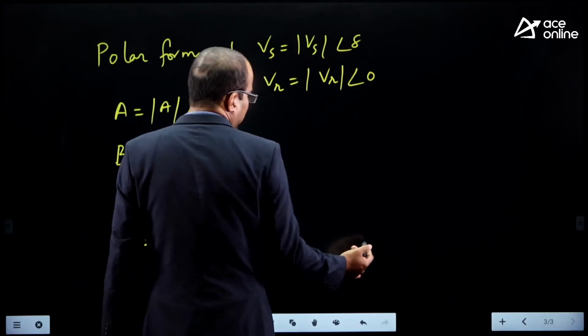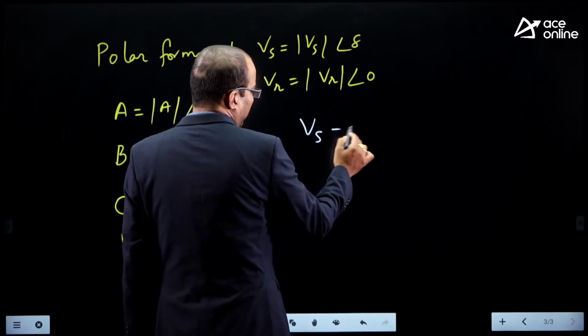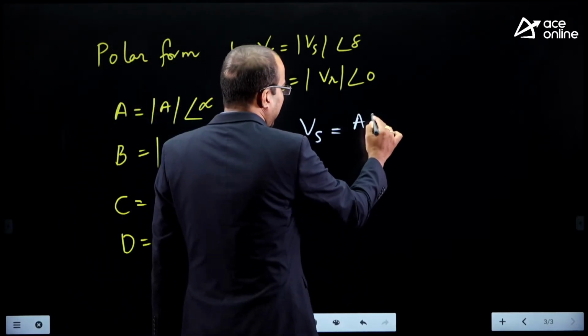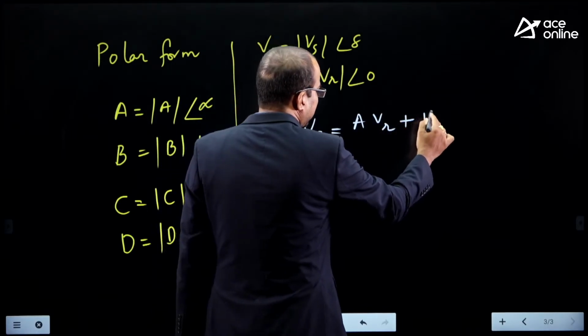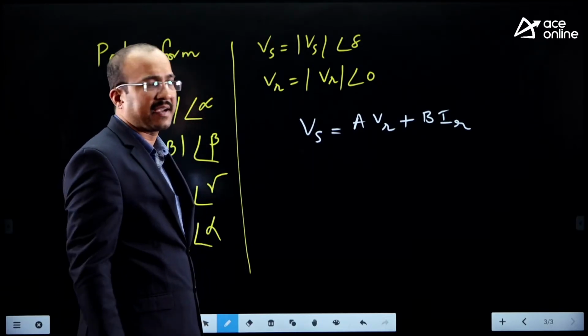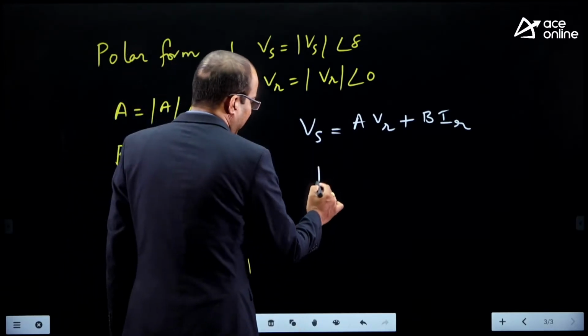We have the sending end voltage Vs equal to AVR plus BIR. From this we require the receiving end current IR in order to get the complex power.